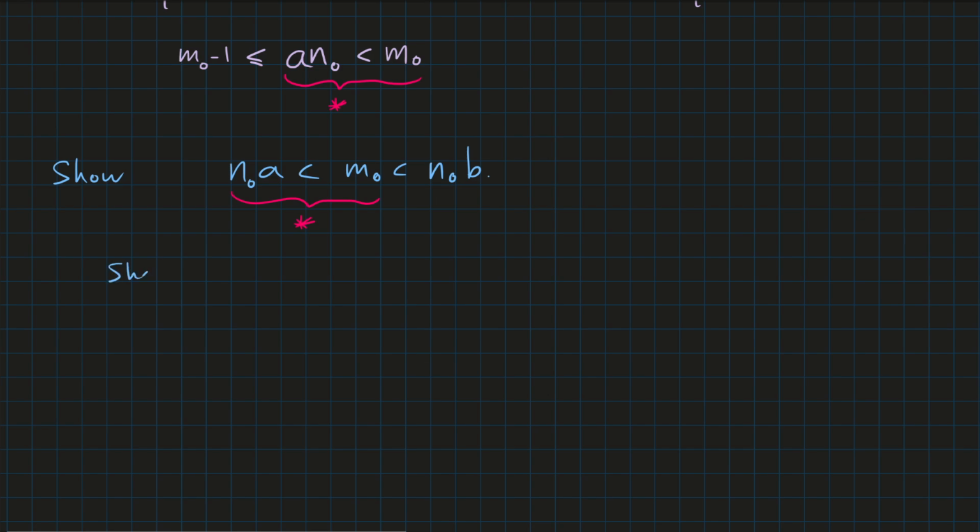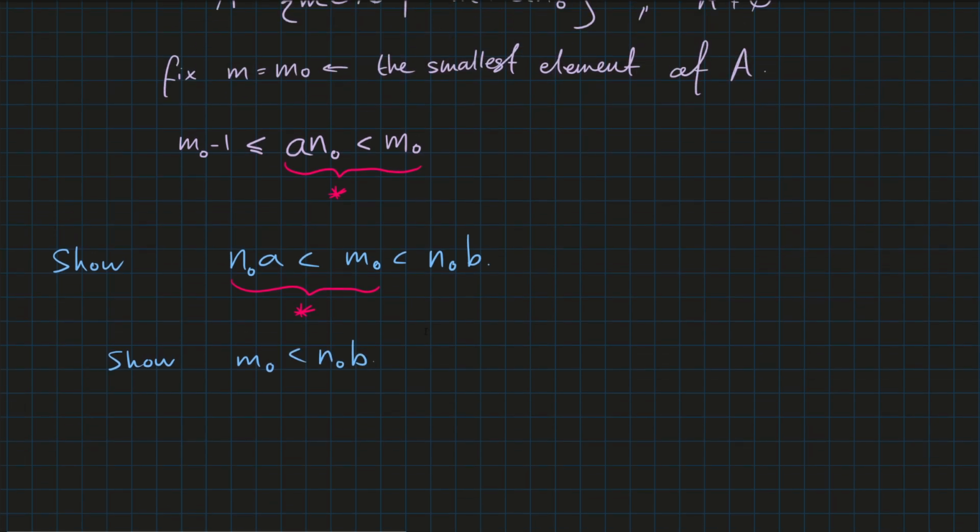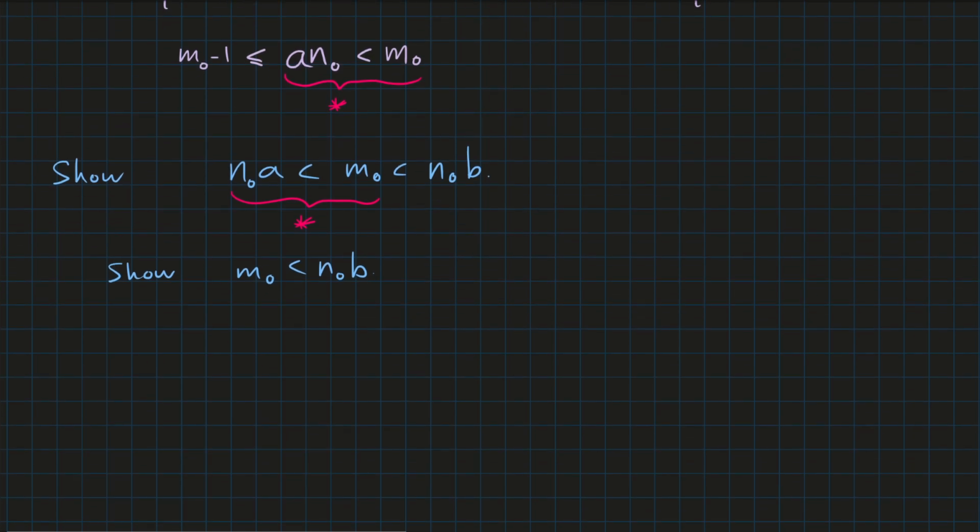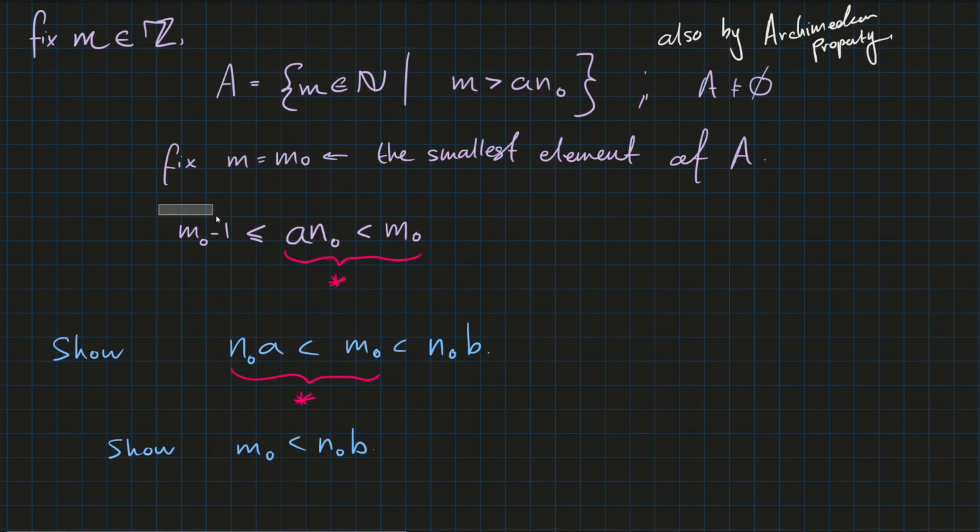And now we just need to show that m naught is less than n naught b. That's what we need to show. What we're going to do is use the other side of this, which we might call 2.